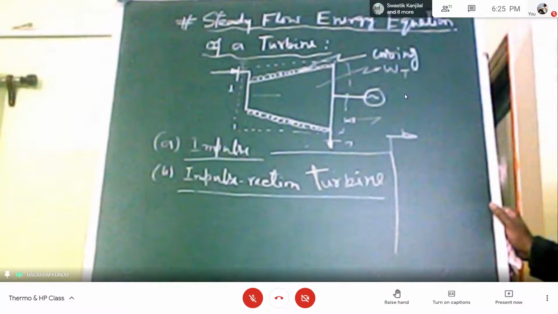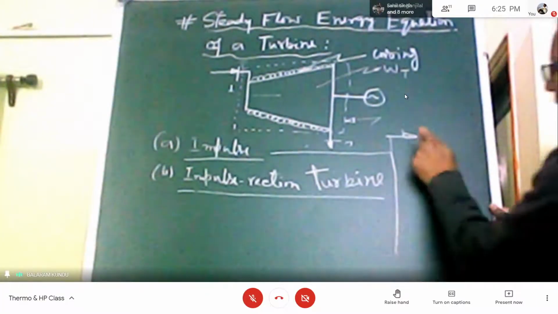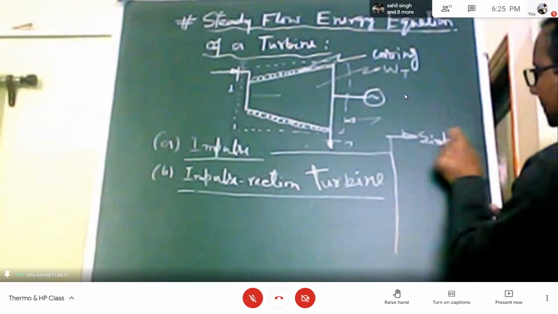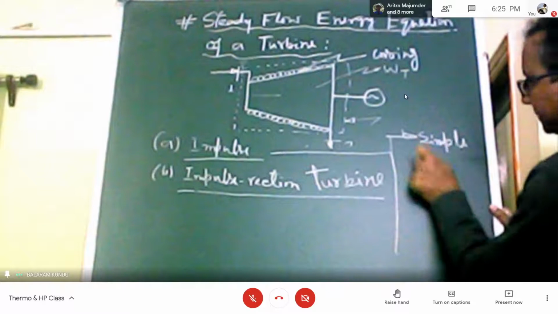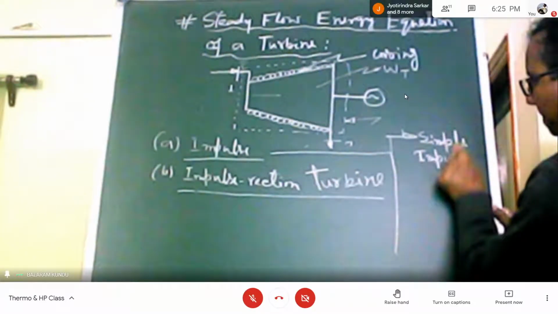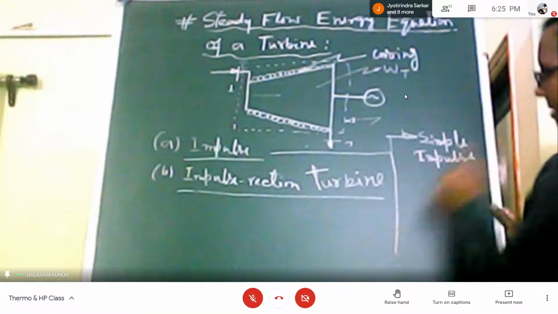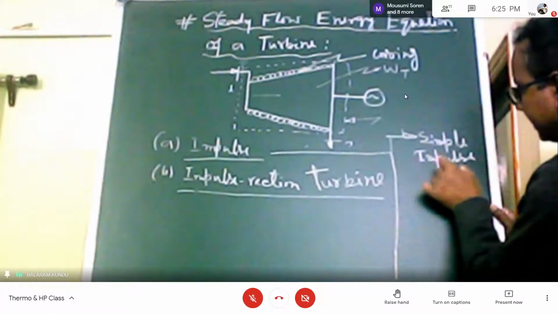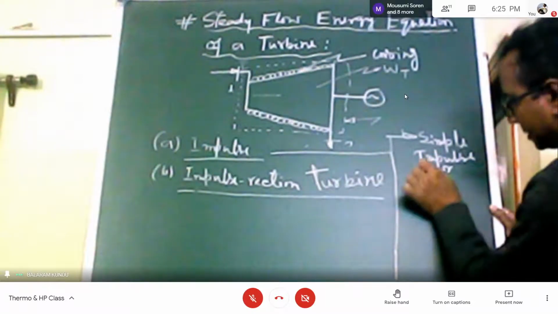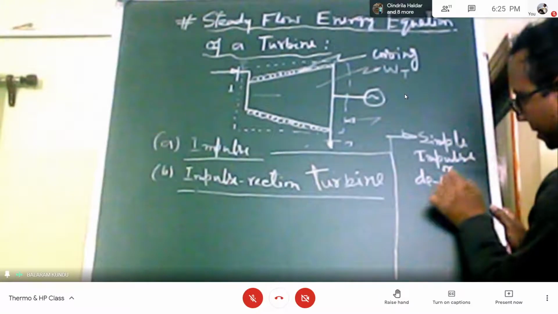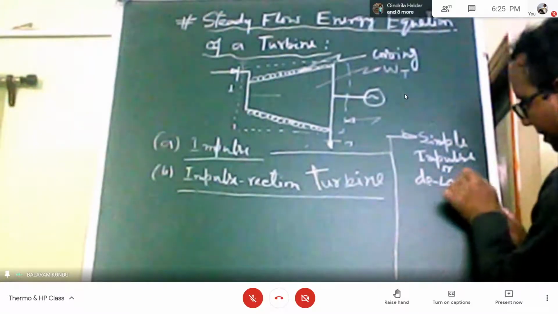So the simple impulse turbine is sometimes called the De Laval turbine, D-E-L-A-V-A-L.